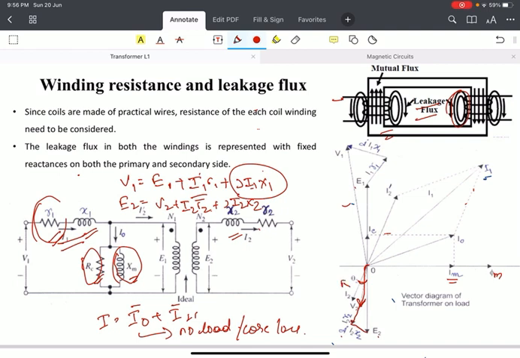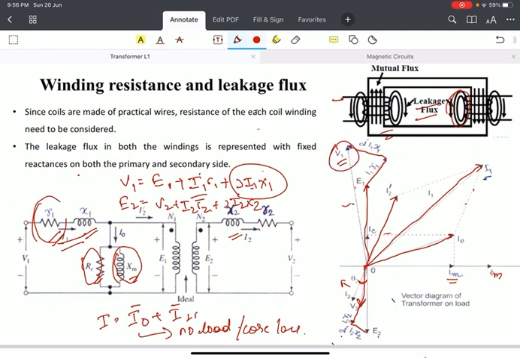I2 dash is the equivalent of the secondary current in the primary winding. I2 dash plus I0 will be the primary current I1. Similarly, on the primary side, induced voltage E1 plus I1R1 plus J I1 X1 will be equal to the applied voltage V1.